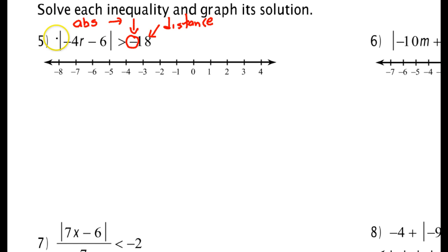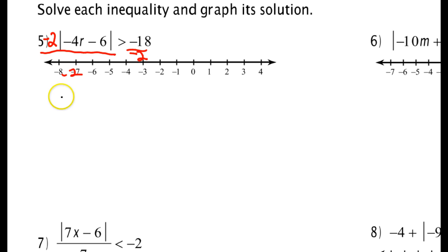So here, if I change this problem just a little bit, watch this. If I go back, I change this to put a negative 2 in front. Now does it have a solution? Yes, because the first step would be to divide by negative 2, right? And now we would have this, less than positive 9.